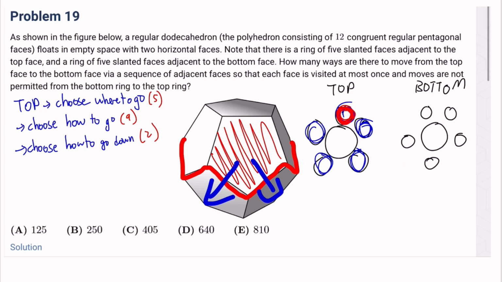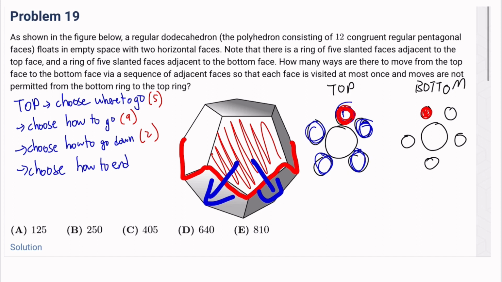Lastly, let's say we chose somewhere like here. And then we have to get from this bottom to the very bottom, and so we have to choose how to end. The number of ways that we can go from here to here is the same as before.